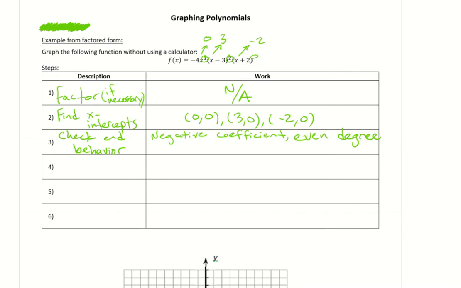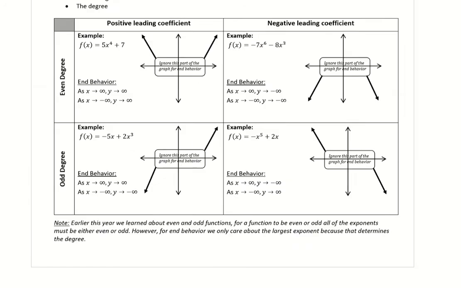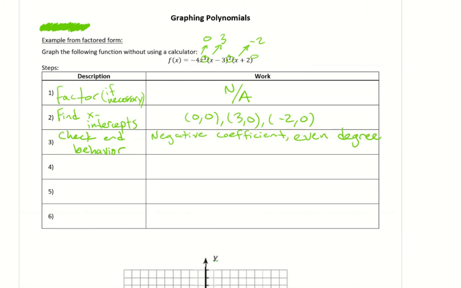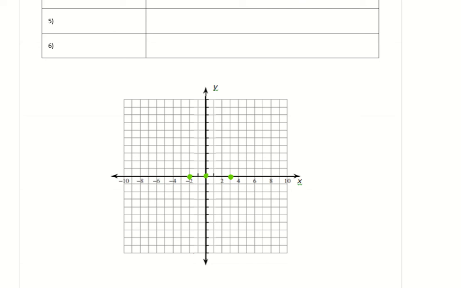Now let's look at our end behavior notes. We've got a negative leading coefficient and an even degree, so we're going to have both arrows pointing down. So going back here, both arrows down, so it's going to be something like this. We can draw these and maybe make them better later.